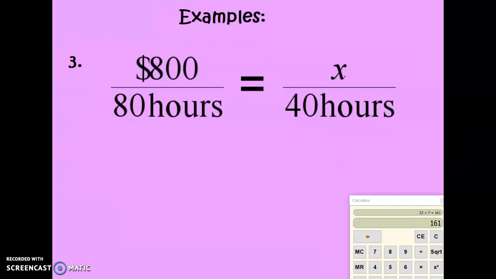We're trying to find out how much money for 40. Okay, I can tell 80 is being divided by 2 to give me 40, which means I have to do 800 divided by 2, which is going to give me $400. Okay, scaling up and scaling down only works best when it is an even number or a whole number that you're working with, something you can quickly see.